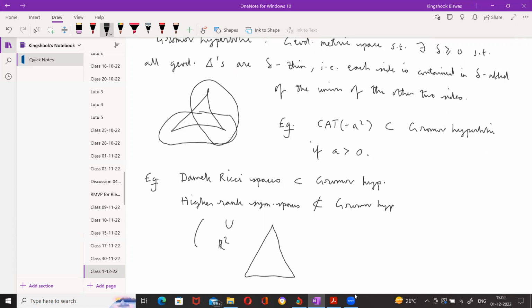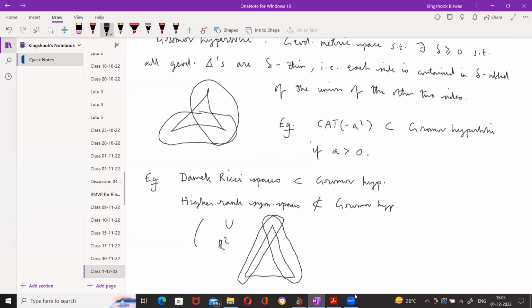If I take a fixed delta neighborhood, it's never going to contain the third side. If delta is fixed, R2 is not Gromov hyperbolic. So therefore, any higher rank symmetric space will not be Gromov hyperbolic, because this copy of R2 inside the symmetric space is a convex copy.